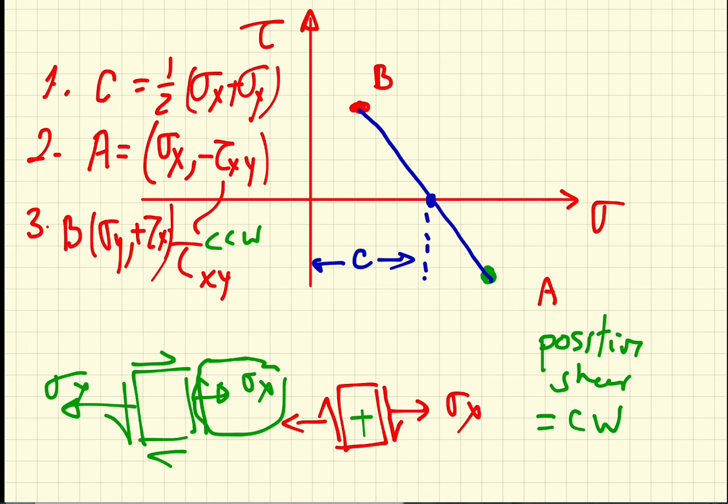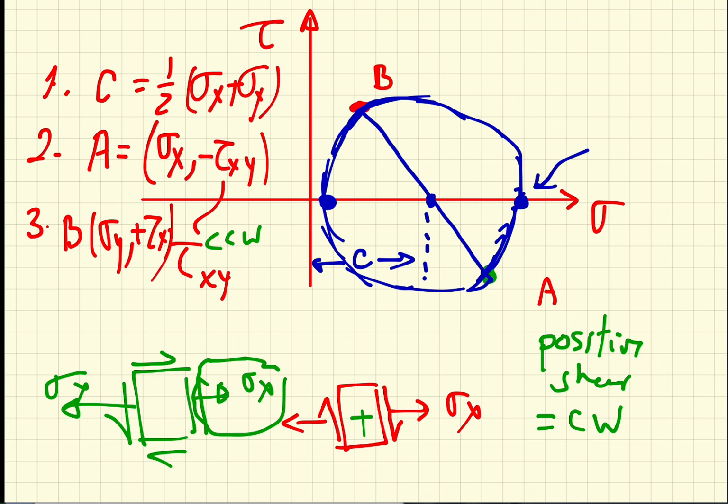We can now draw the Mohr circle, which will pass through the 2 points A and B, and it will intersect the sigma axis at 2 values, the principal stresses. This will be sigma 1, this is sigma 2. These are the 2 principal stresses.